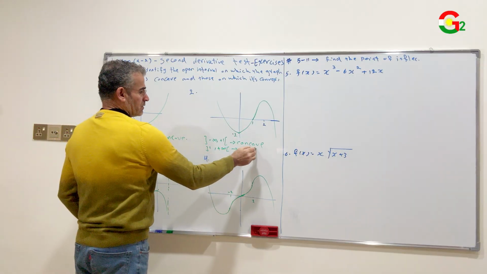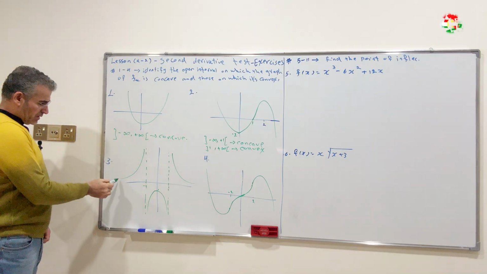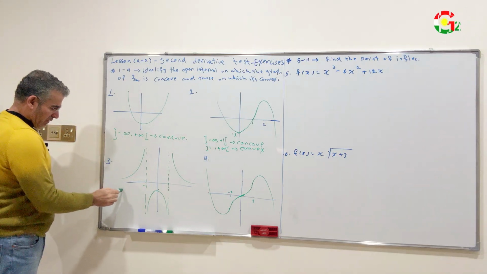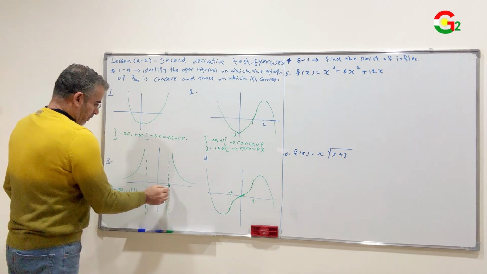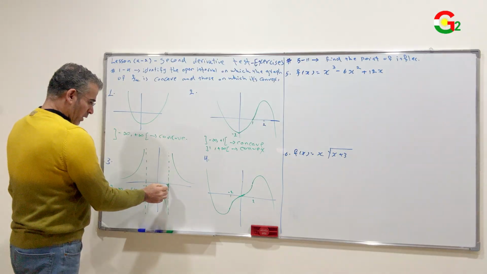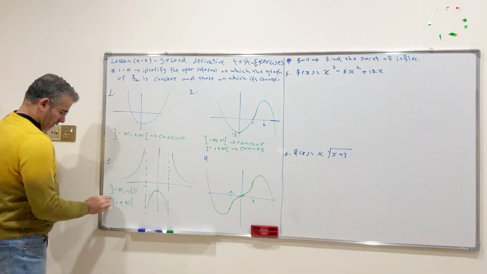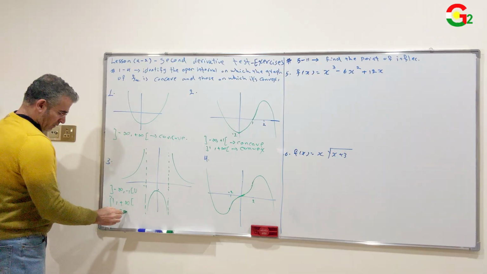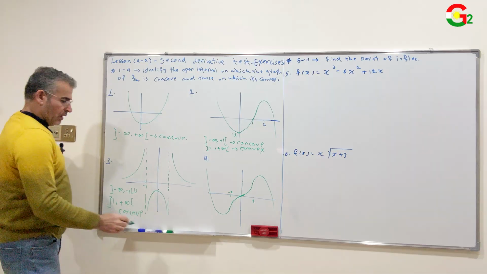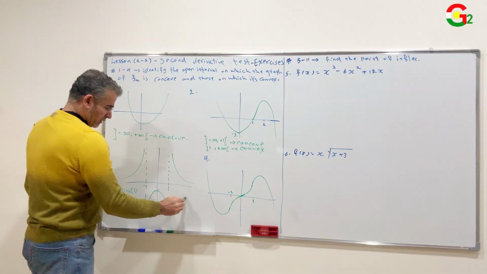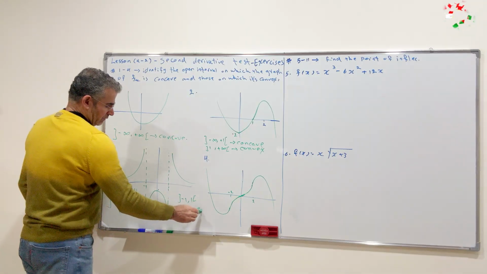The function is convex. Question number 3, the function is concave from negative infinity to negative 1, and from 1 to positive infinity. This is the interval of concave, and it is convex from negative 1 to 1. Convex.